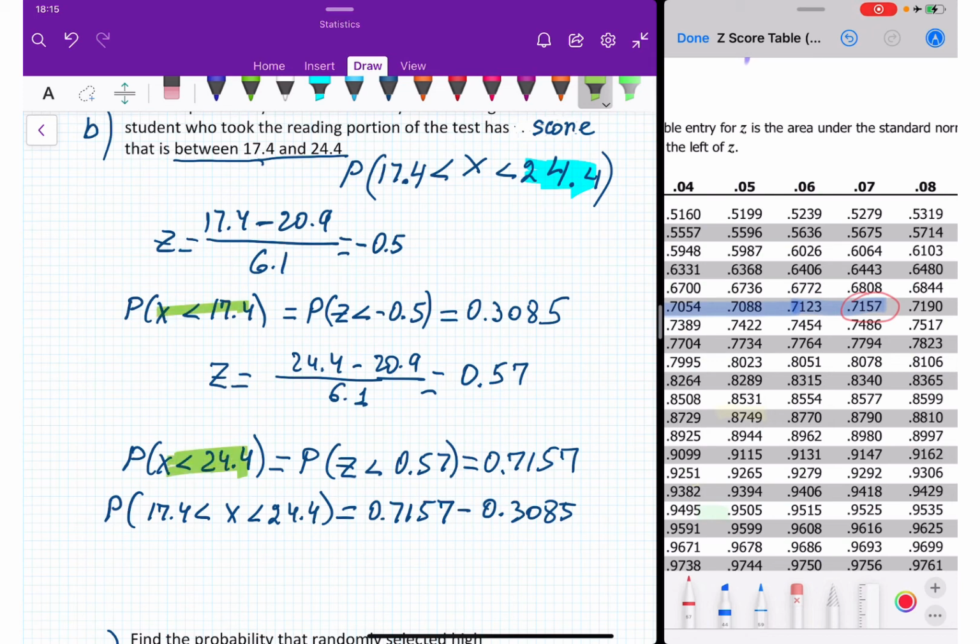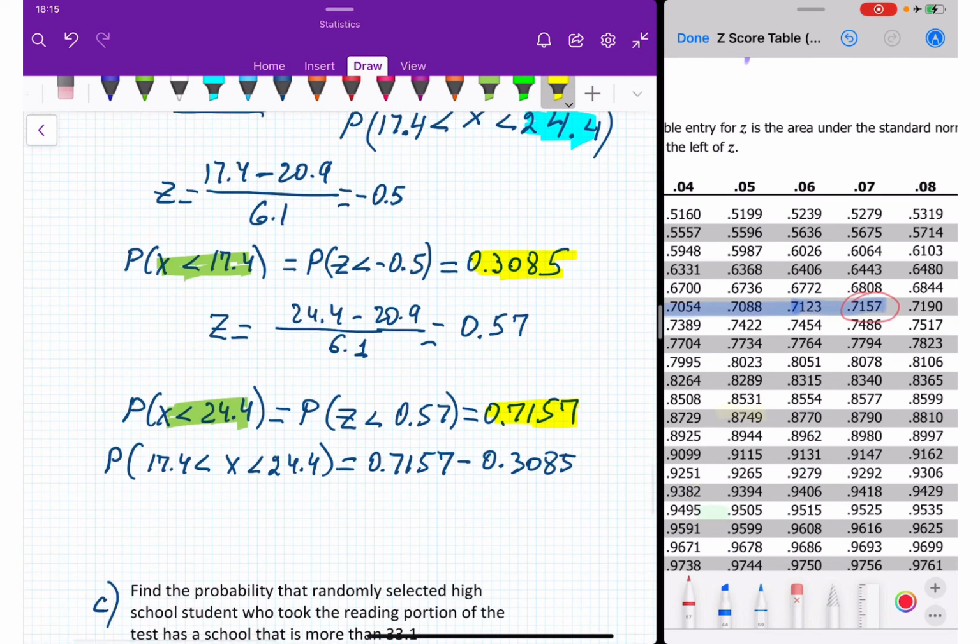This is for x less than 17.4. So when we subtract, we're going to get 7 minus 5 is 2, 15 minus 8 is 7, here is 0, and 7 minus 3 is 4. So it's going to be 0.4072. Okay?